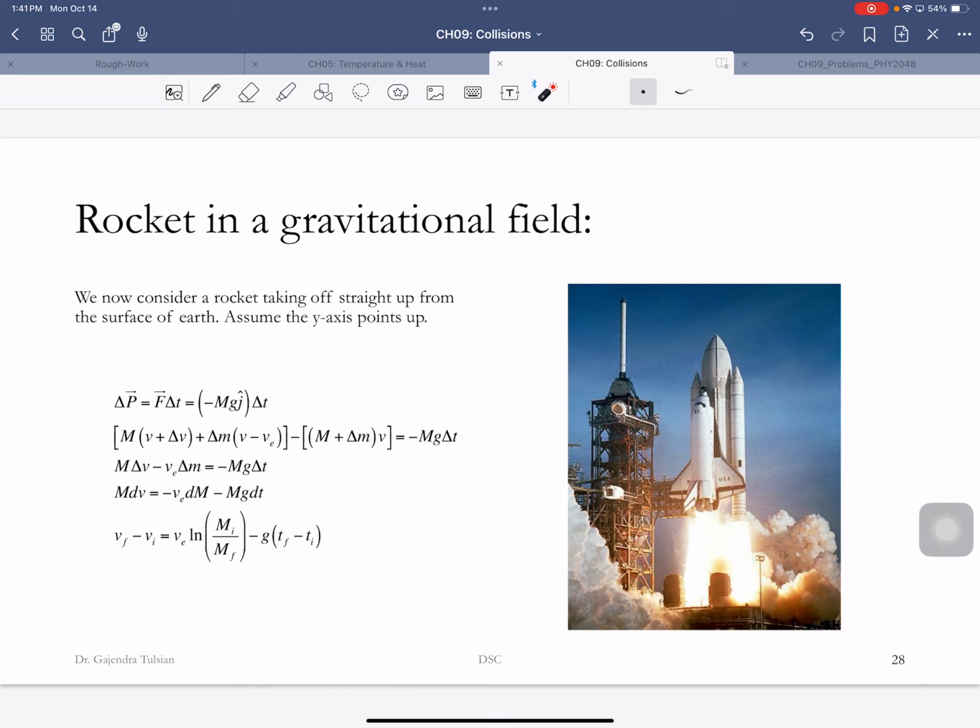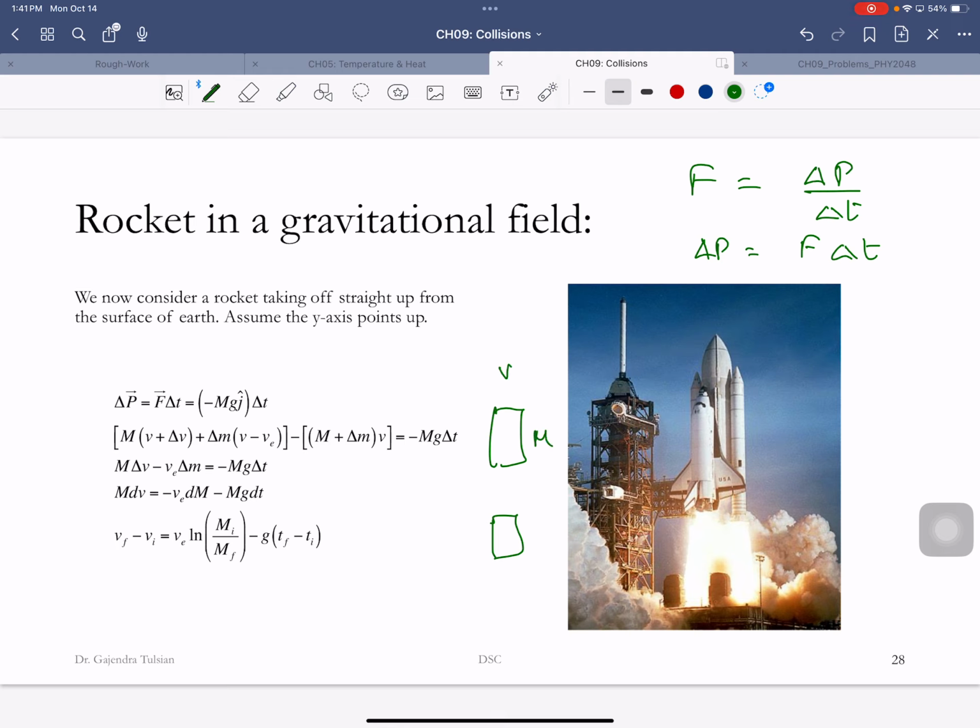All right, now if you want to account for gravity, here is Newton's second law. Change in momentum is force times the time over which that change happened. So to account for gravity, here is the mass of the rocket and its velocity is increased.